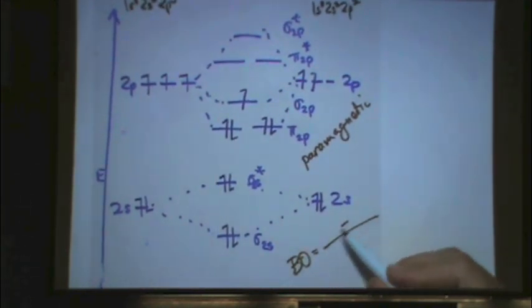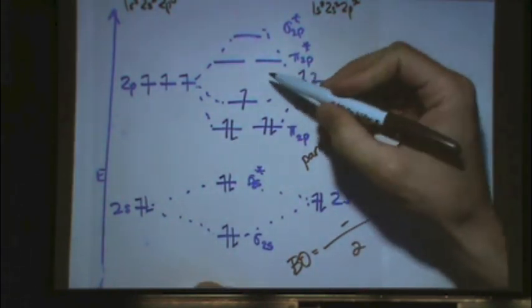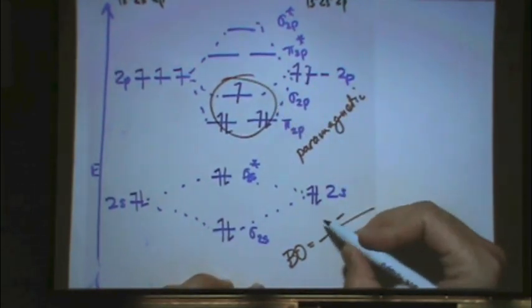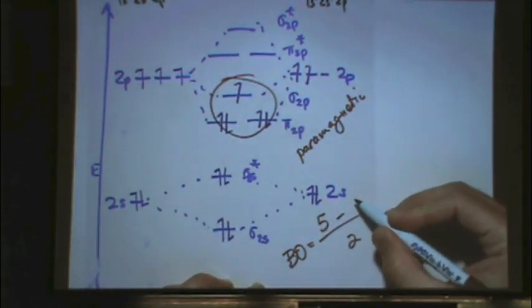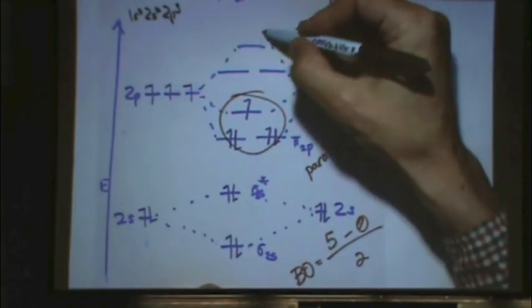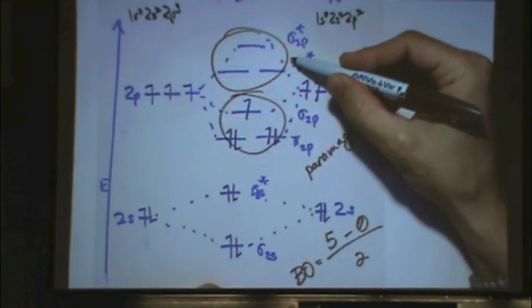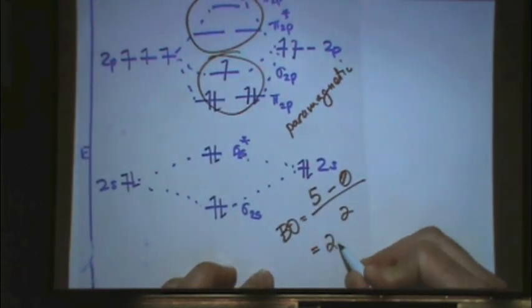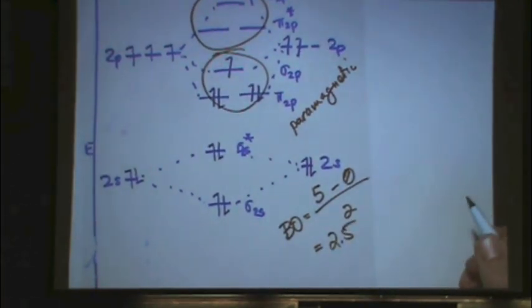It's something minus something divided by 2. The first something has to do with electrons in bonding molecular orbitals: 5. The second something is going to be 0. It has to do with the number of electrons in antibonding molecular orbitals. There's 0 up there. So 5 minus 0 divided by 2. This is a bond order of 2.5.